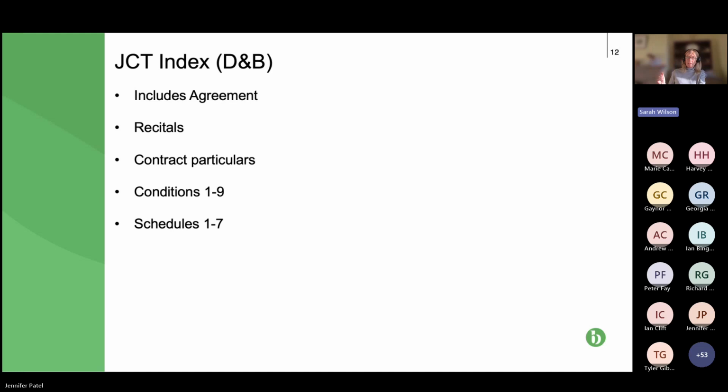Then we have the contract particulars. That's the bit that gets filled in between the parties, so the commercial issues. And then we have the conditions of contract, so the clauses 1 to 9, and then we have the schedules 1 to 7. If I was to guess, I don't know the background to the schedules.